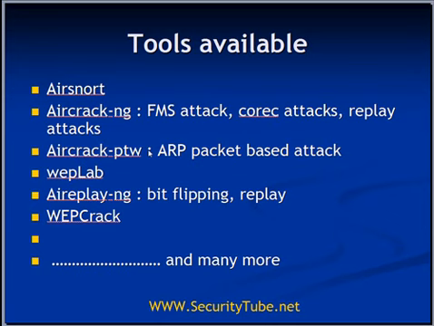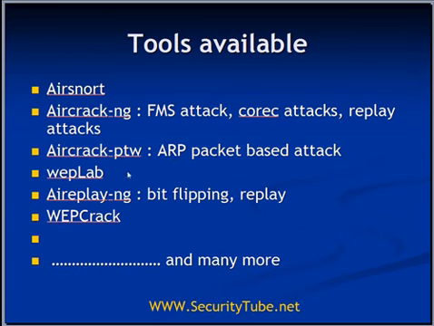There is one very interesting tool which is Aircrack-PTW. It actually uses ARP packet based attacks. Now in an ARP packet, lots of fields are very well known. So for Aircrack-PTW to run, the IV need not be a weak IV. For any IV, since most of the things in an ARP packet are known, it is very easy to launch an attack. The other tool is WEPLab.